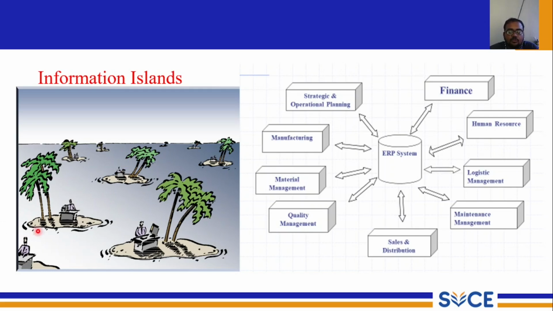So you need to integrate everything and put it under a common platform, and that is what ERP usually does. It starts from finance, integrating human resources, logistics, sales and distribution, material management, manufacturing, as well as operational performance. All these categories are integrated, and all the information in each of those sectors comes under a common platform called ERP.